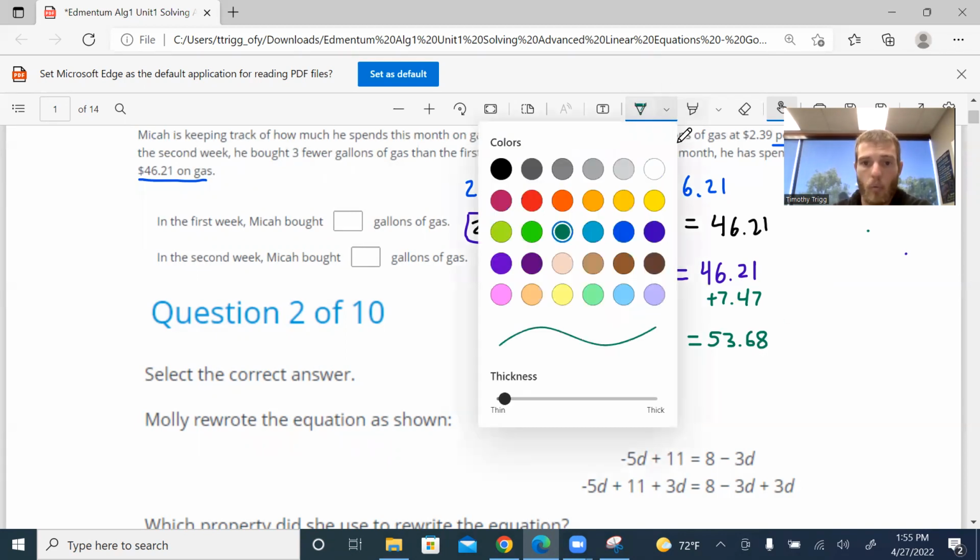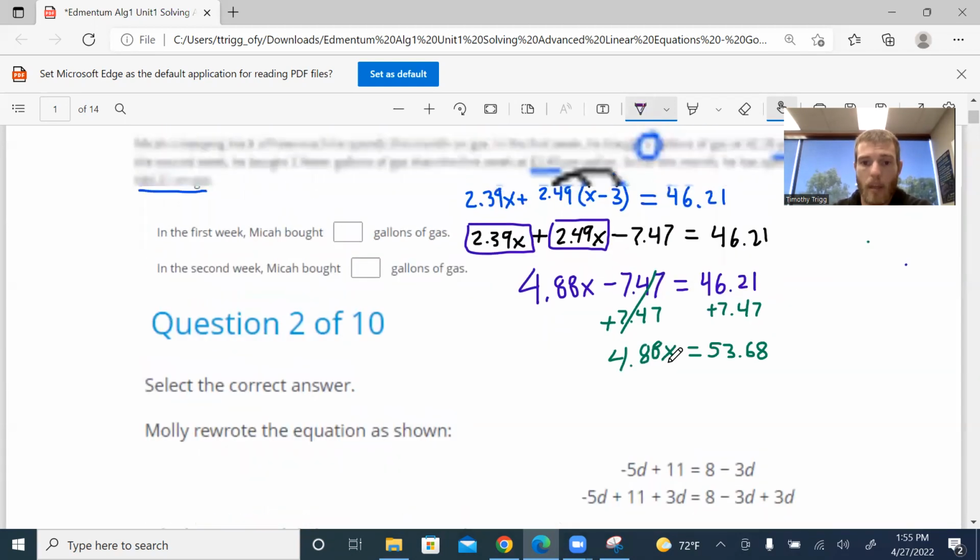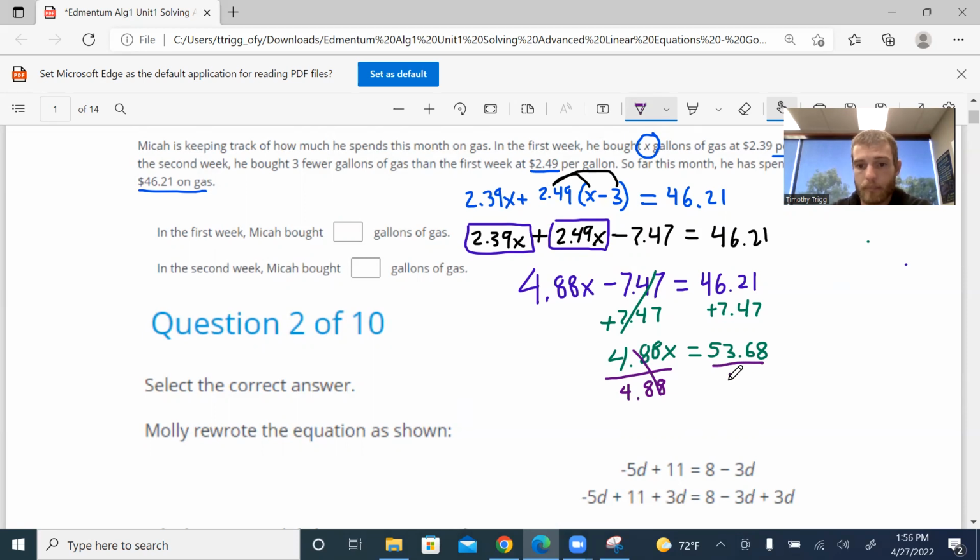Okay, what's my next step here? Well, I'm going to divide both sides by this coefficient, 4.88. This will leave us with just x here. That's what we want.